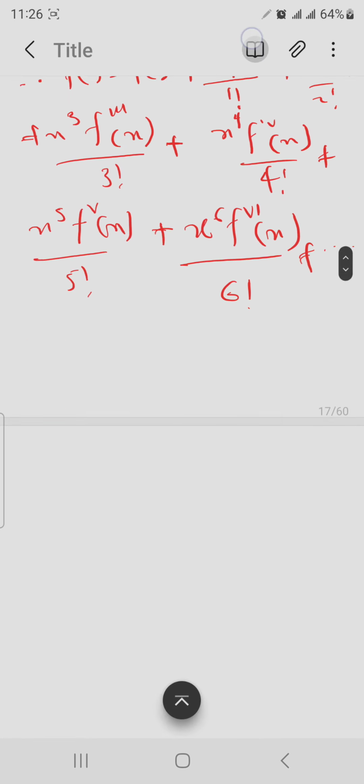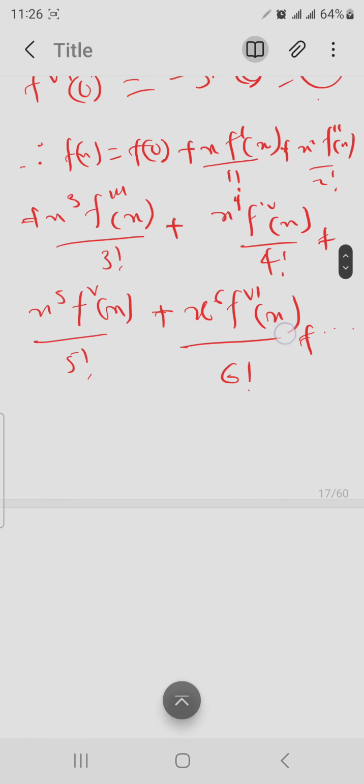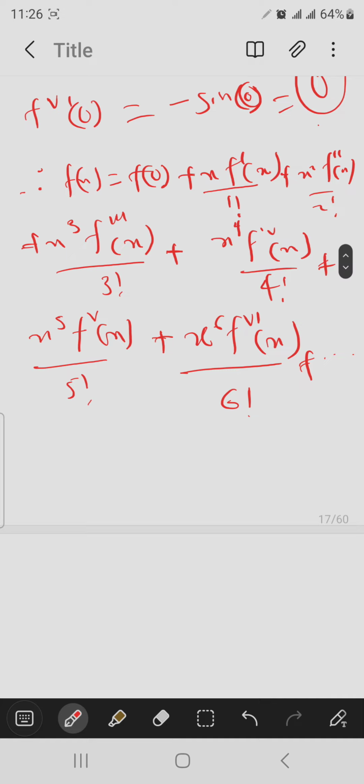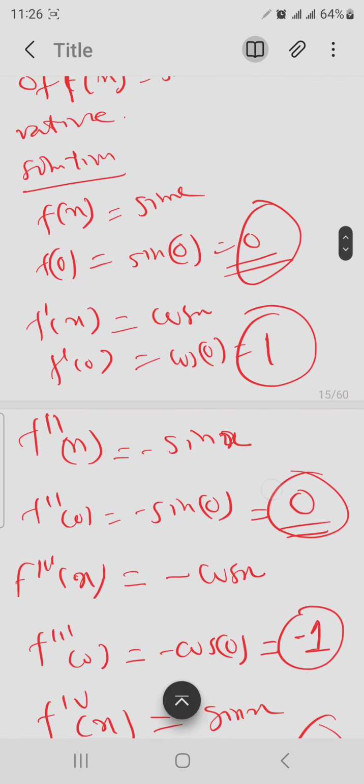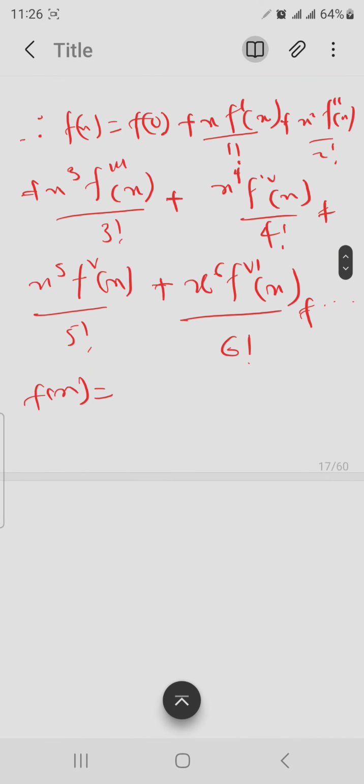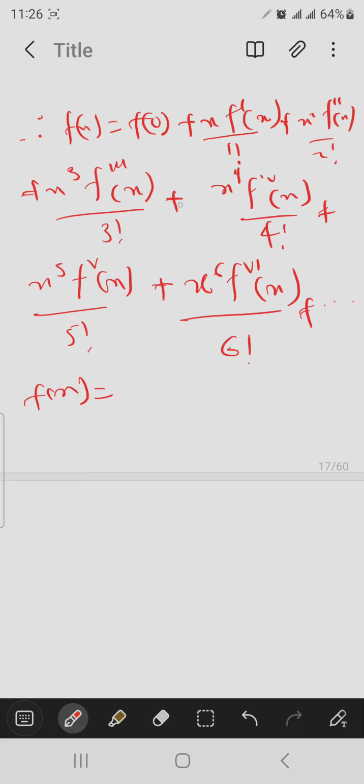So now, using this series, f of x will be equal to the first one. You have f of 0. What do I have from f of 0? You know I have 0, 1, 0, minus 1. You will be putting them there. F of 0 will be 0. Will now be 0 plus x into 1.